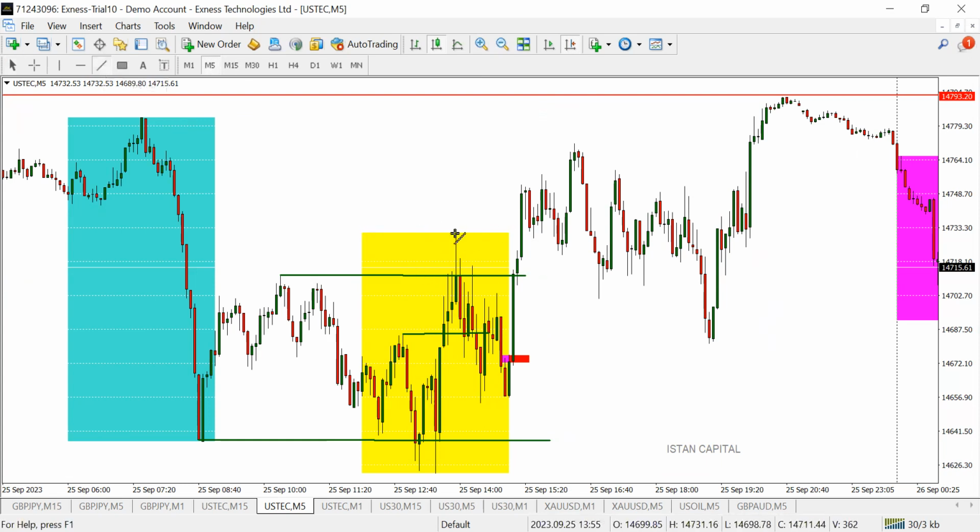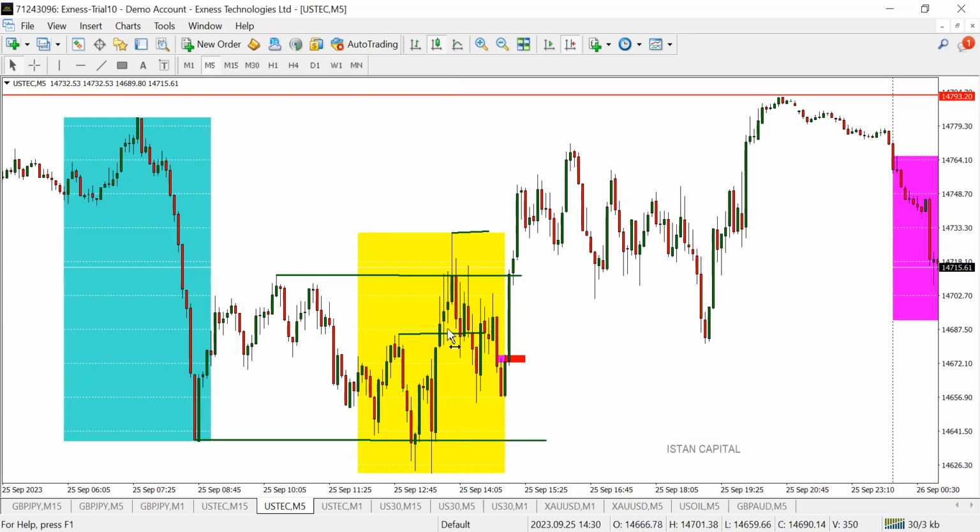Now, we've had break of structure right here. This now becomes the eye of the session. Market goes down for 75 pips, 25 level 1, 25 level 2, that's 50, 25 level 3, that is 75 pips of drop. Where is your engulfing?